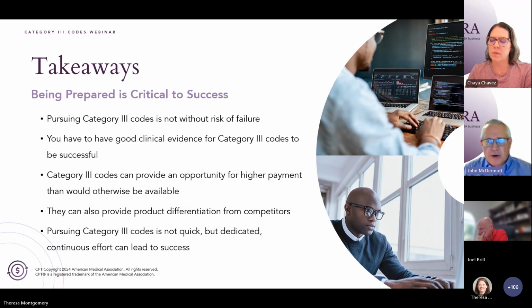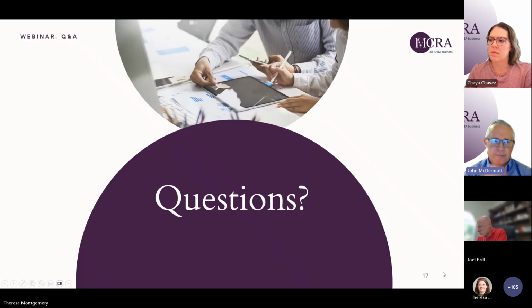So a Category 3 code can be a valuable tool in product differentiation. And then finally, as we've emphasized here, it's not a quick process, but dedicated, continuous, relentless effort can lead to success over time, and again, backed up with the clinical evidence to prove it.